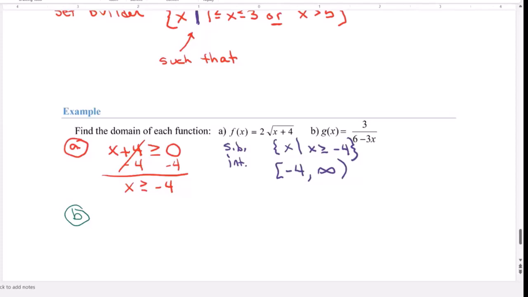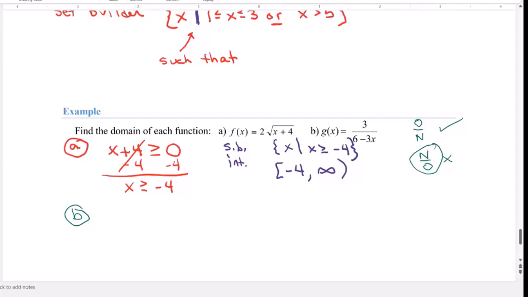We can never divide by 0. So like a little trick in case you forget is 0 over a number is good. But a number over 0, look what it says, no.